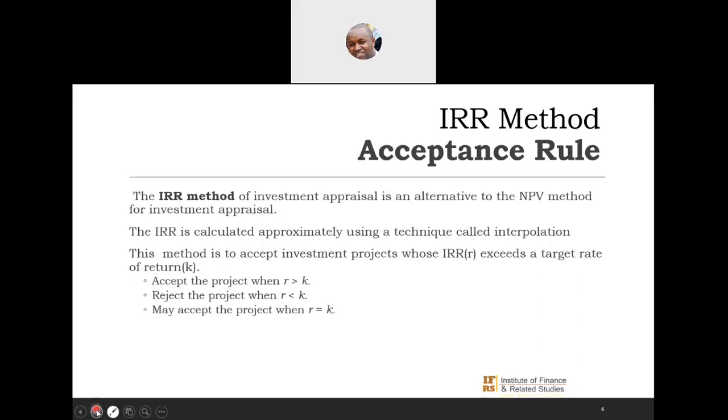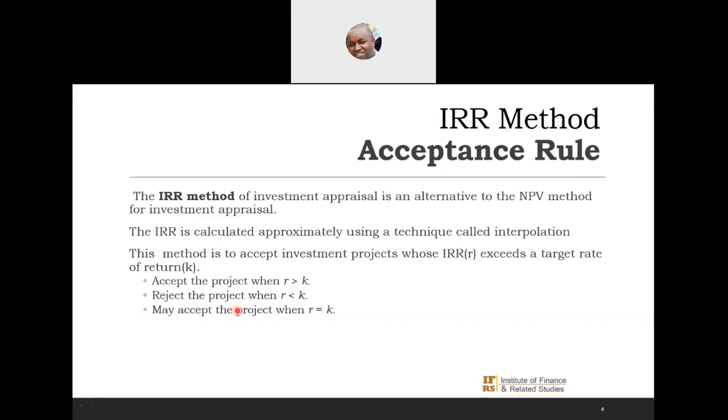In summary, we accept a project if the internal rate of return is greater than the minimum required rate of return. We reject if the internal rate of return is less than the minimum required rate of return, and it would be 50-50 if the two rates are equal.